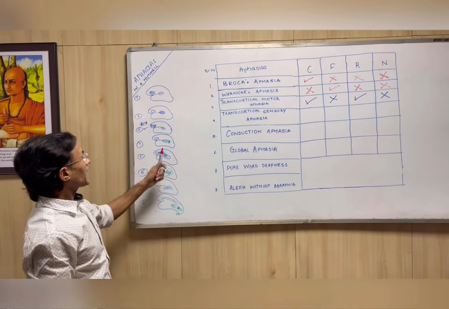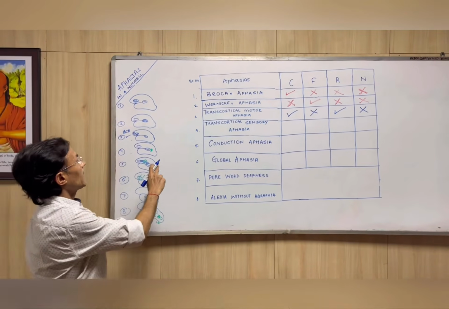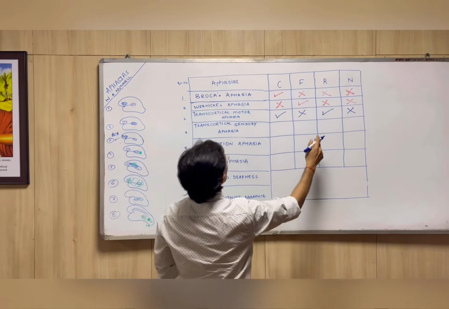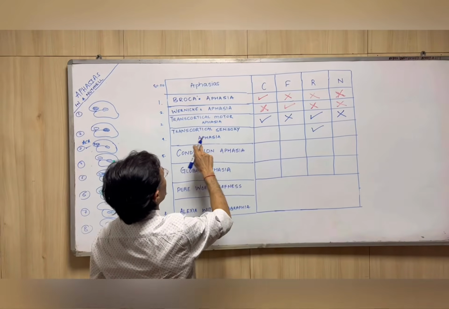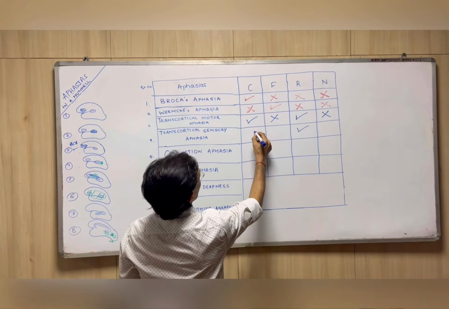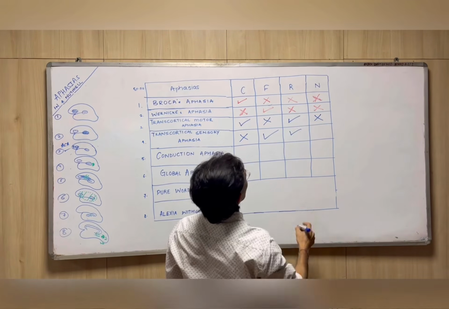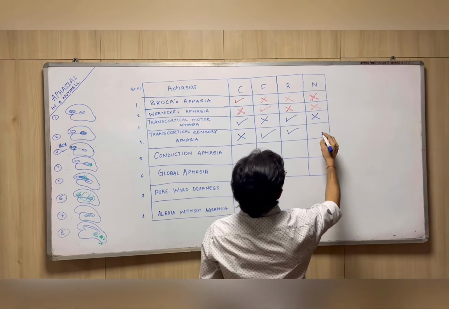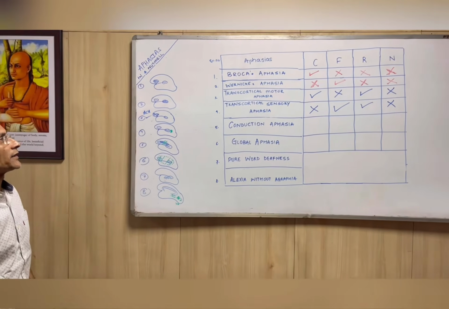So everything will be like Wernicke's aphasia, but the patient will be able to repeat. Repetition is intact. So exactly like Wernicke's aphasia, comprehension is lost, fluency is intact, repetition is intact, naming is lost.